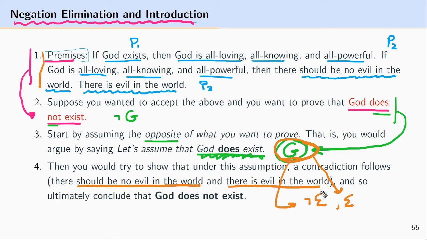Given that we can reason to not E and E, that is, under the assumption God does exist, it means that there is no evil in the world and there is evil in the world.